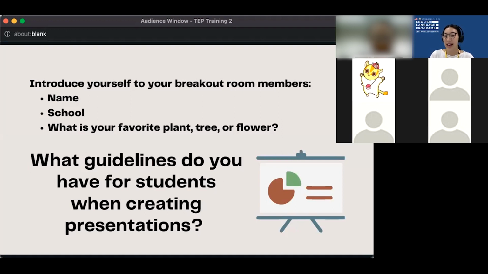So things like having pictures, the number of slides, what students need to include in their slides. Great. Wonderful. Yeah, so we often give these requirements and guidelines to students, which are very helpful for them when they are creating their presentations.